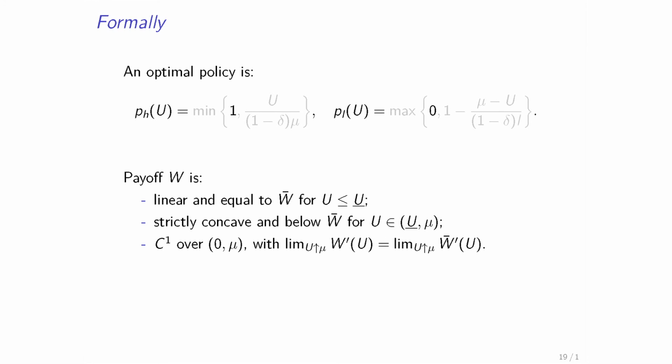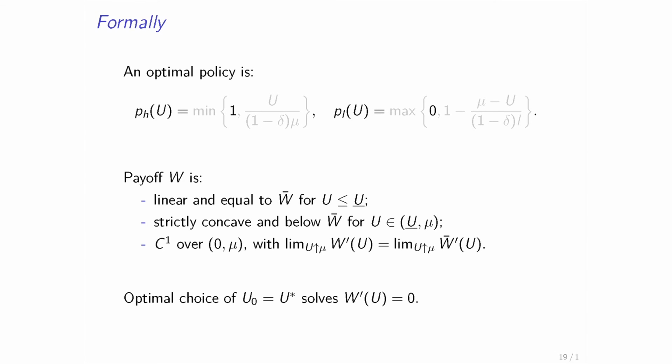And it is strictly concave and below the first best for higher promised utility. And we can also prove that this payoff function is once continuously differentiable over all the regions, with a limit that is equal to the first best at the two endpoints. So at these two endpoints, it's basically the boundary conditions that are binding. So that's why we can get the first best slope there.